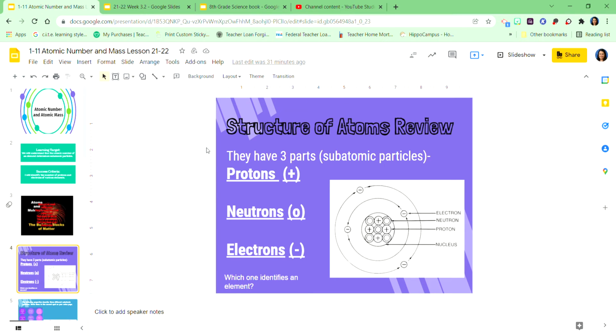So those are the electron cloud, and they kind of float around the nucleus. And if you recall, the subatomic particle that identifies an element, or tells you what element the atom is, is the protons, so the positively charged.